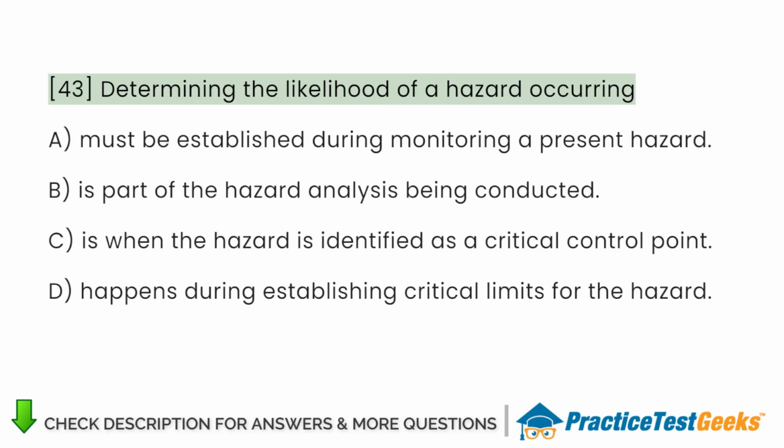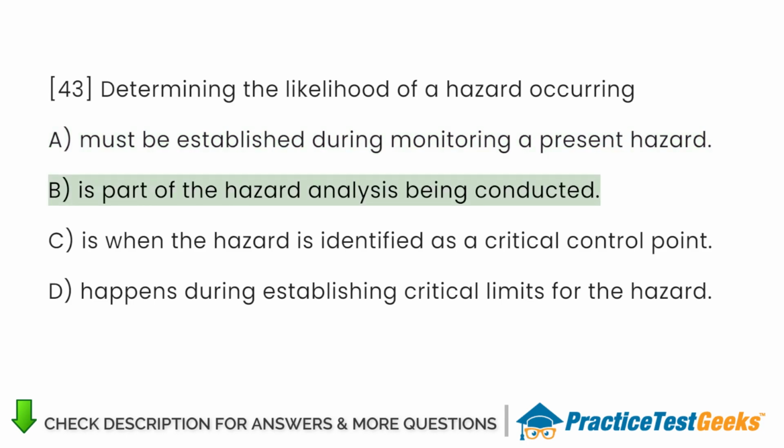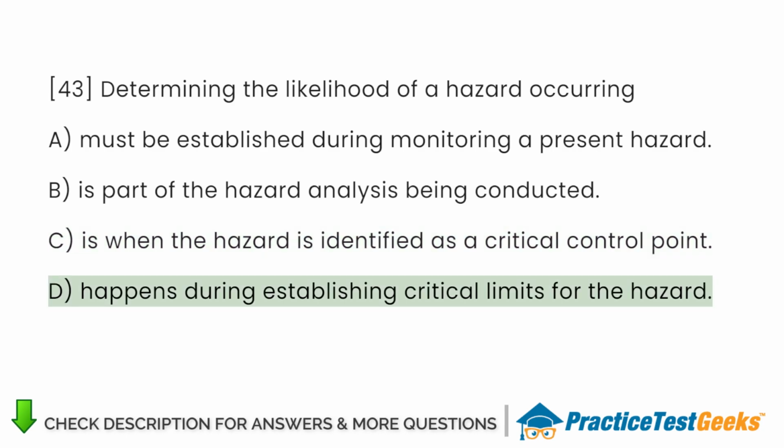Determining the likelihood of a hazard occurring. A. Must be established during monitoring a present hazard. B. Is part of the hazard analysis being conducted. C. Is when the hazard is identified as a critical control point. D. Happens during establishing critical limits for the hazard.